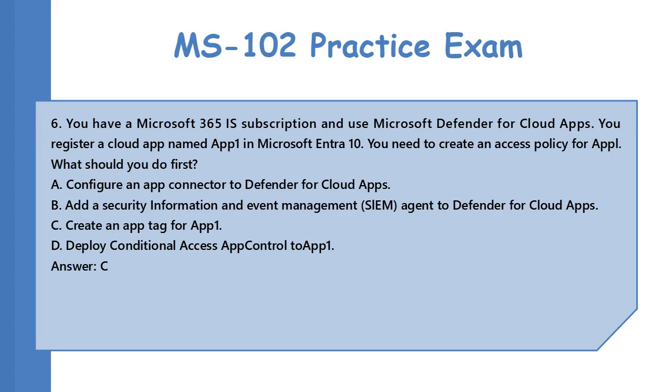A. Configure an app connector to Defender for Cloud Apps. B. Add a Security Information and Event Management (SIEM) agent to Defender for Cloud Apps. C. Create an app tag for App 1. D. Deploy conditional access app control to App 1. Answer: C.